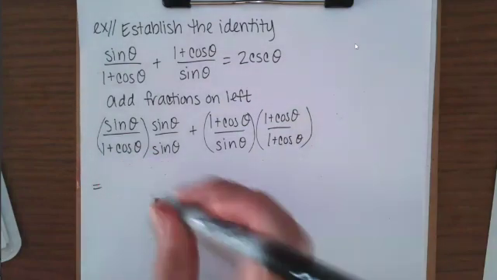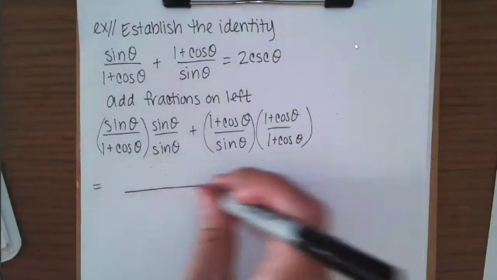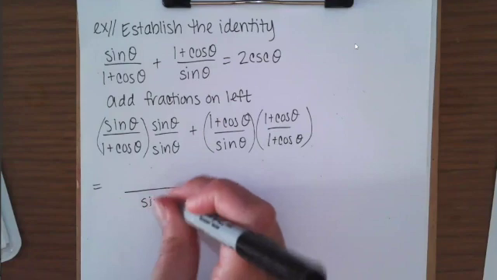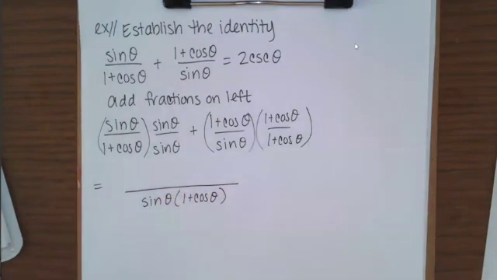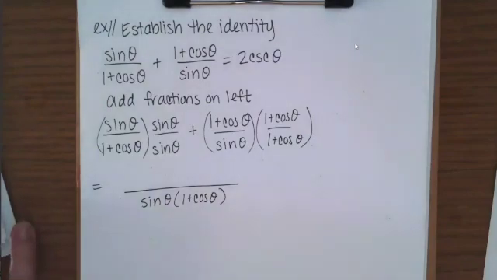So our common denominator here is sine of theta times 1 plus cosine of theta. And again, it's not really a benefit to multiply that out, so we'll leave it just like that.